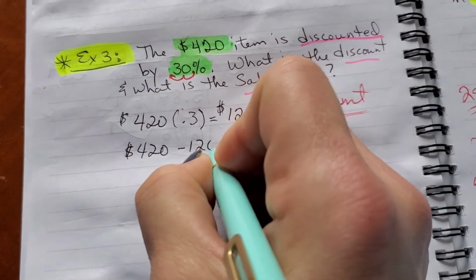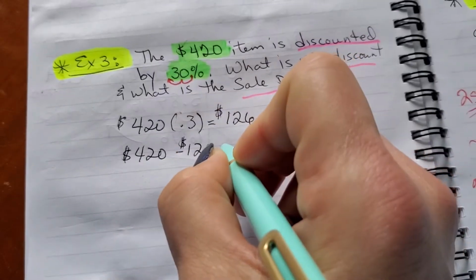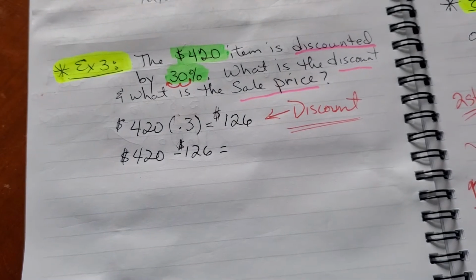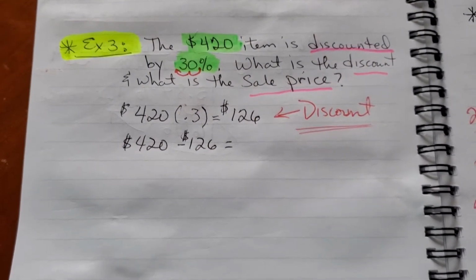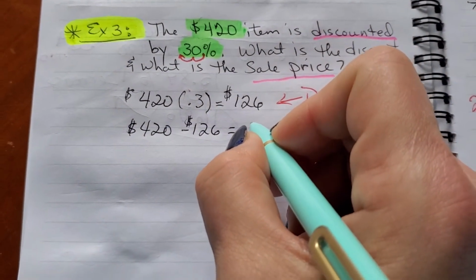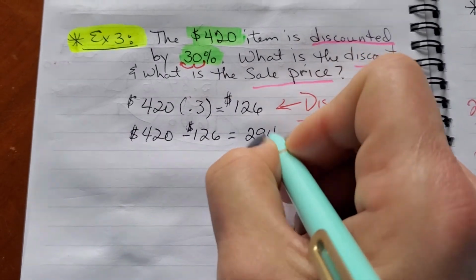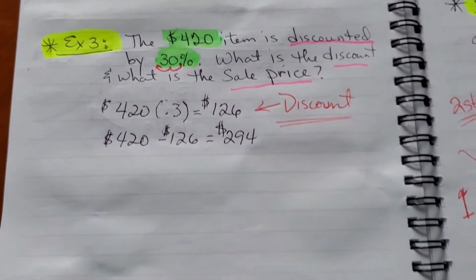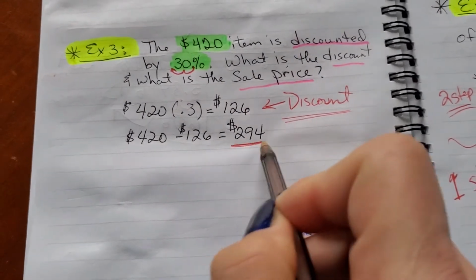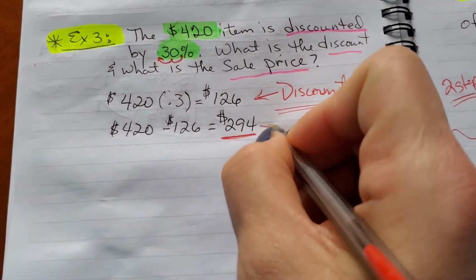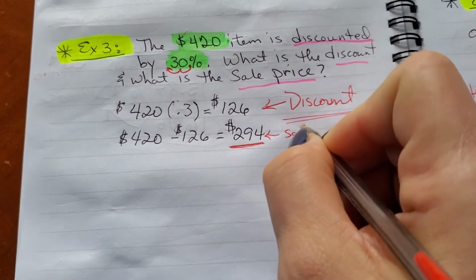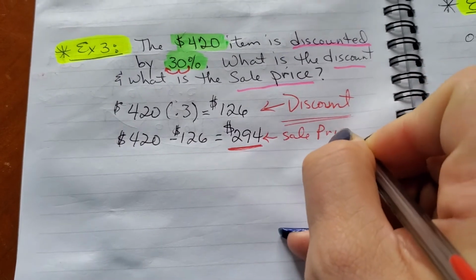Then we take the discounted amount off. So 420 minus 126 is $294. So that is your sale price. This is what you're going to have to pay.